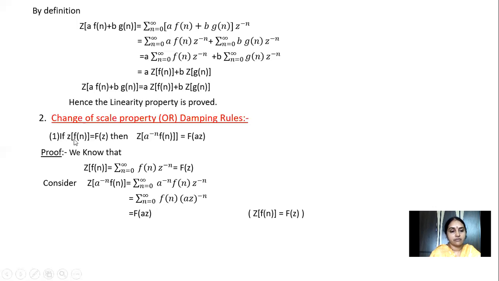That means z of f of n equal to f of z. In place of z, what is there here? az. So you write f of az. Finally, z of a power minus n into f of n equal to f of az. This is called damping rule.